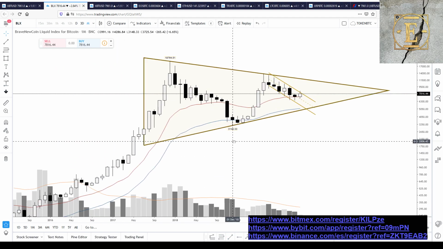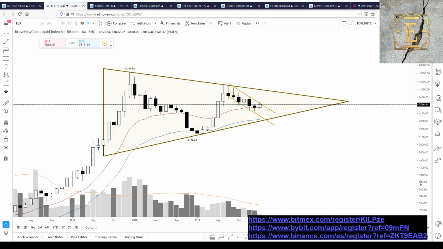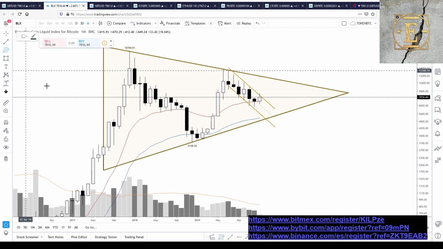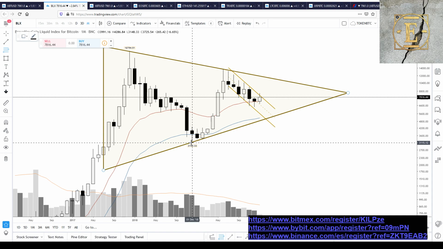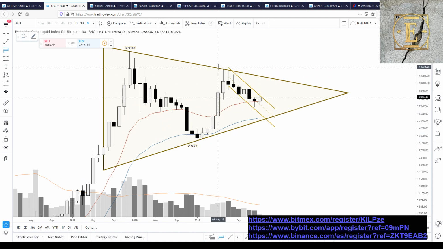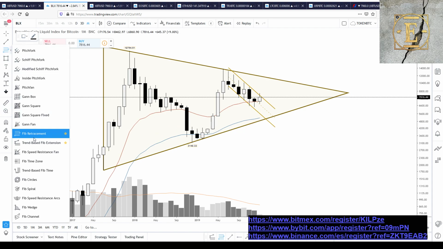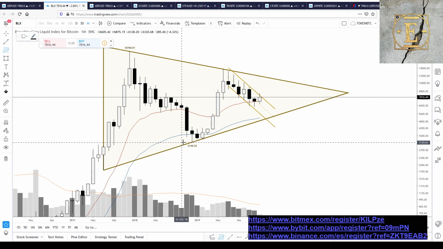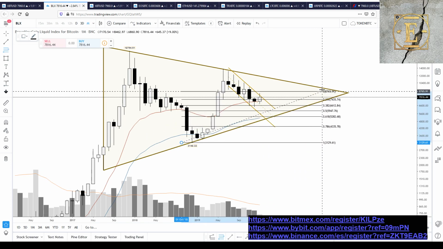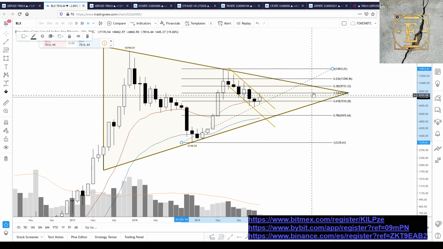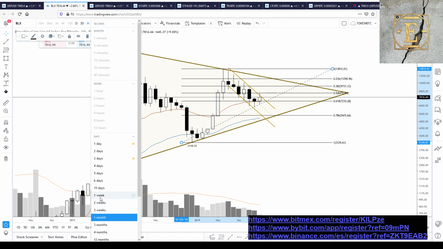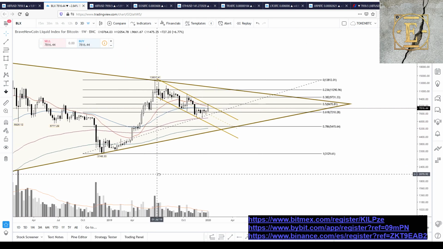Okay, so for example, applying the Fibonacci retracement, if I want to know where this up is going to retrace, I pick my Fibonacci retracement. You can add the star to the favorites and draw it from the valley to the peak, and we've got the different Fibonacci levels. Let me switch to the weekly, it's clearer.